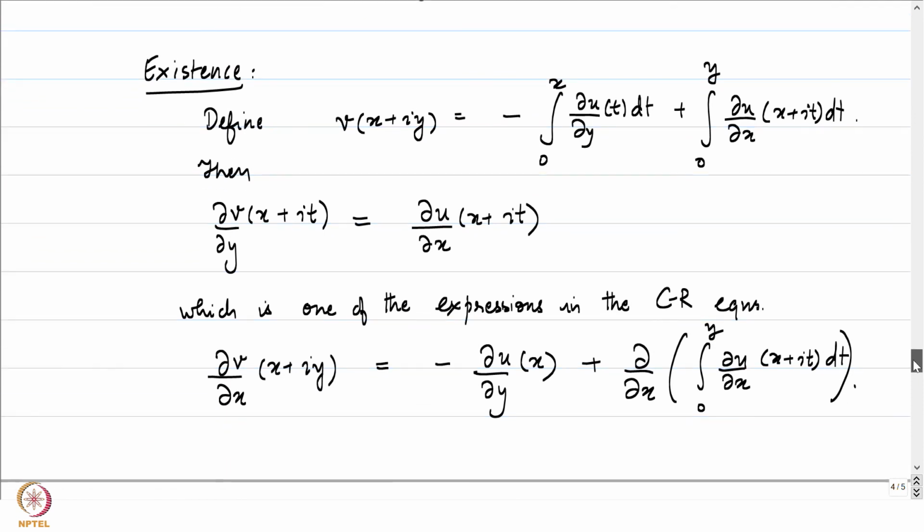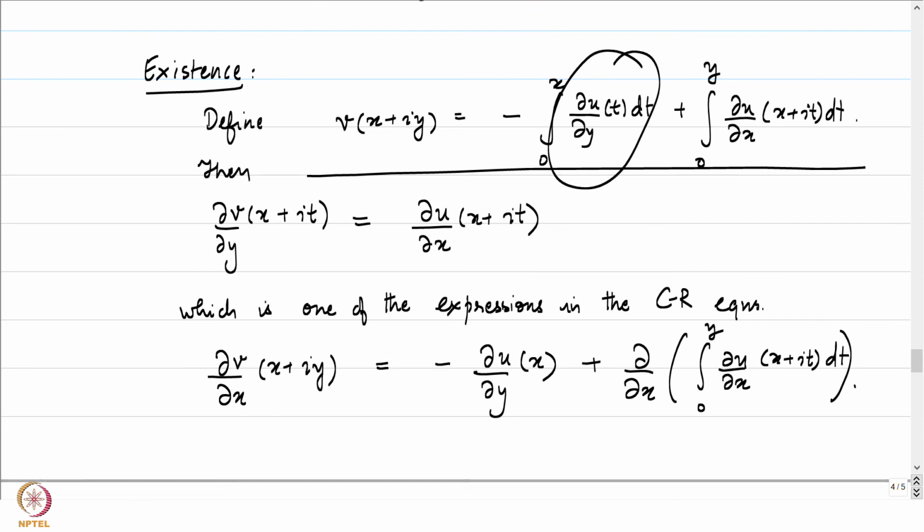So let's go back. Our definition of v is like this. So when we are taking the x derivative here, the fundamental theorem of calculus on this term gives us this term, and we are ending up with this term, right?